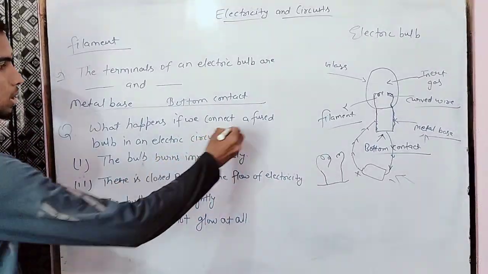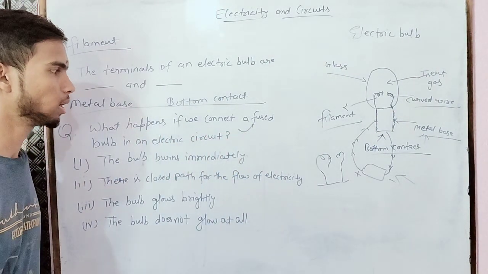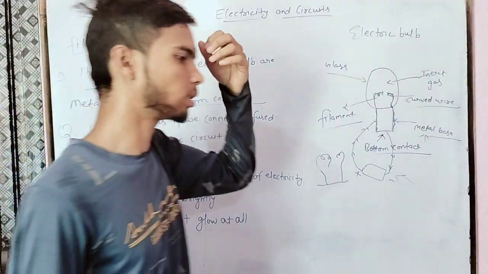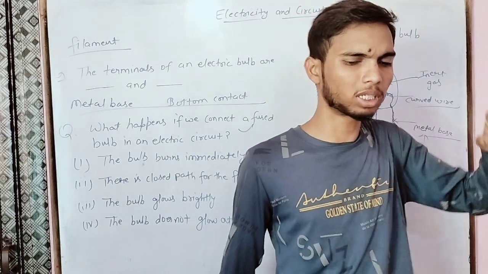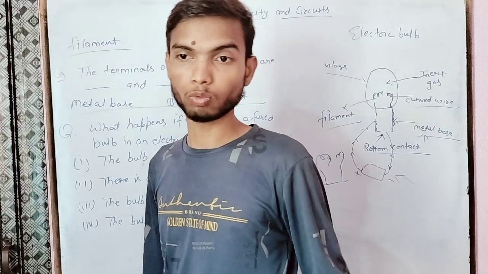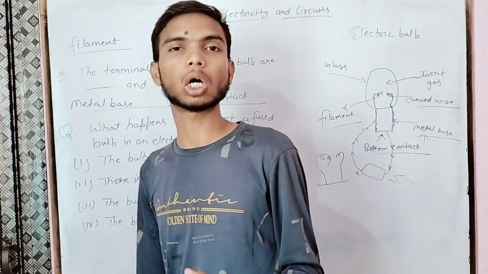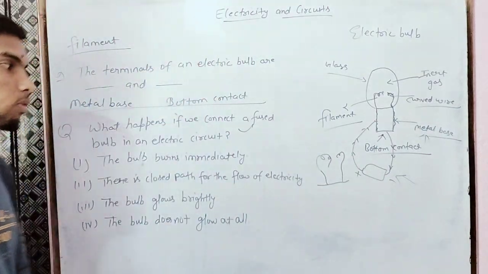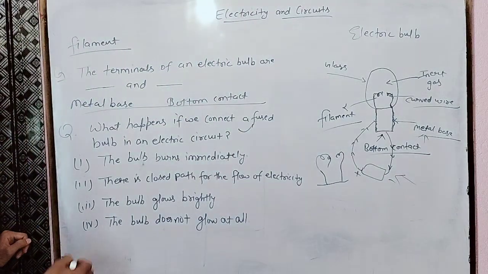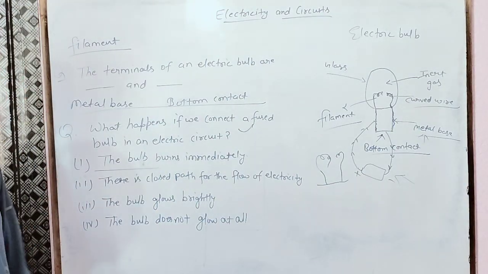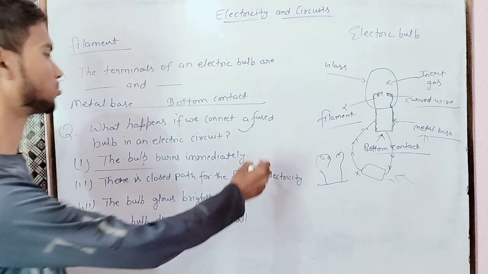Now, read this question. What happens if we connect a fused bulb in an electric circuit? Of course, a fused bulb will not glow anyhow. So the first option is that the bulb burns immediately. Wrong.